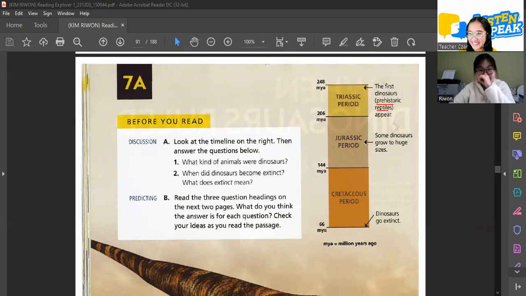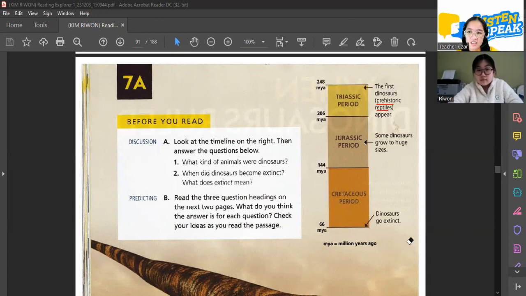A reptile is one that lays eggs. Okay, very good. So reptiles are those animals of a class that includes snakes, lizards, crocodiles, and turtles. And those animals also lay eggs. And I think dinosaurs also laid eggs.